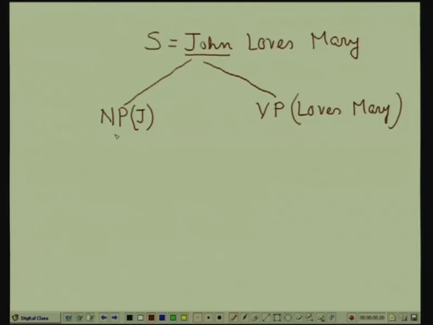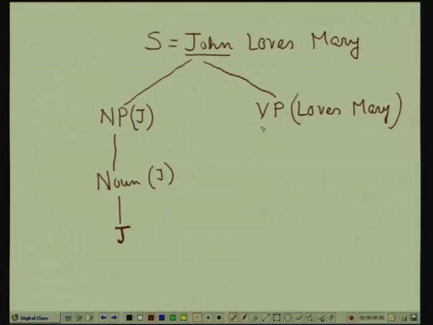And this noun phrase is further broken down as a noun, and that noun is John. So, that is coming to the terminal symbol John.